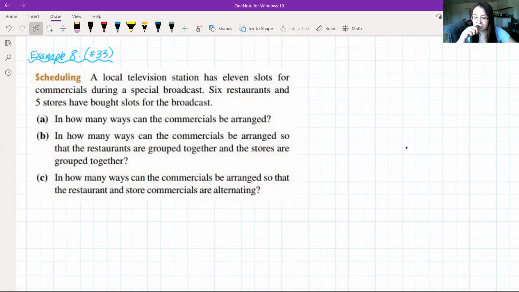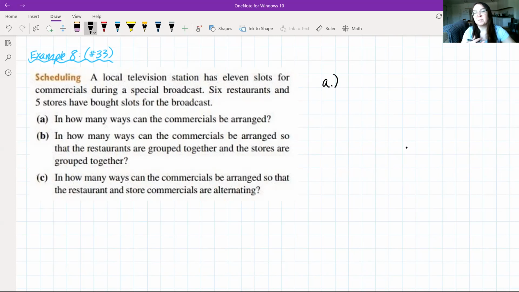So first, let's just start with problem A. So we know that there are 11 slots for commercials. If for part A, we just want to think about how many ways the commercials can be arranged, that means any order and no repetition, because you can't repeat the commercial twice. There's 11 slots and we have 6 restaurants and 5 stores.